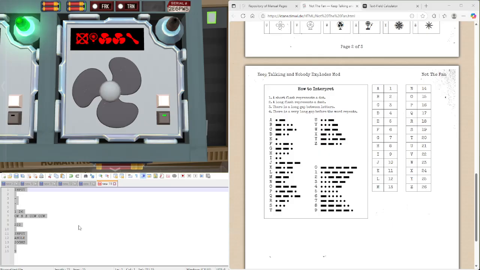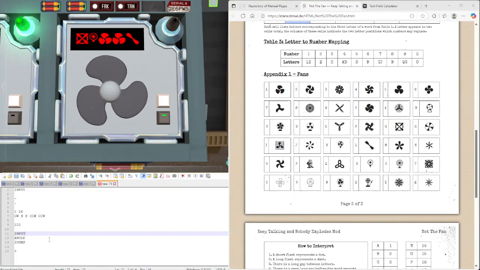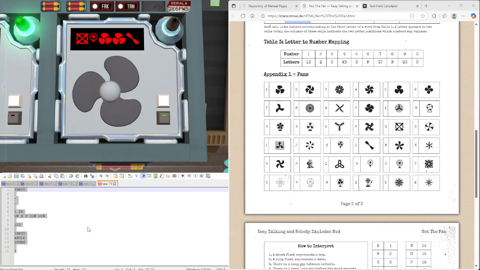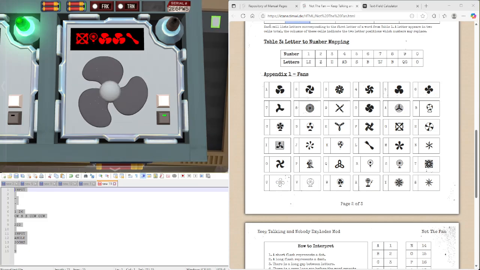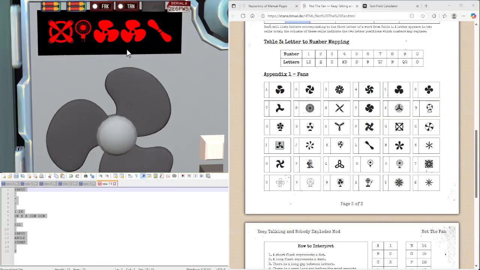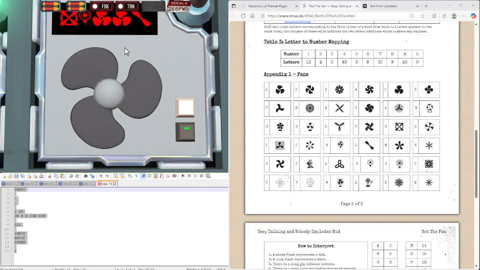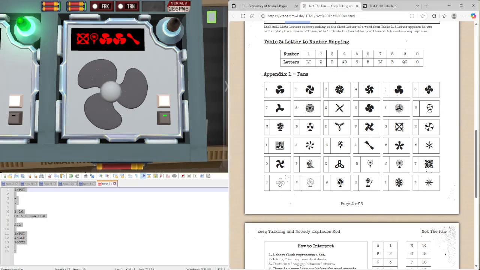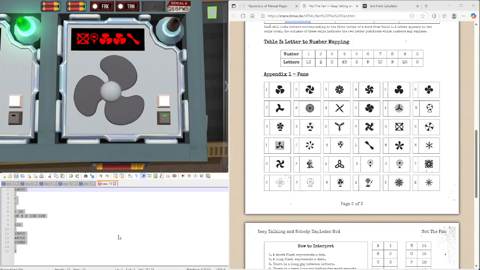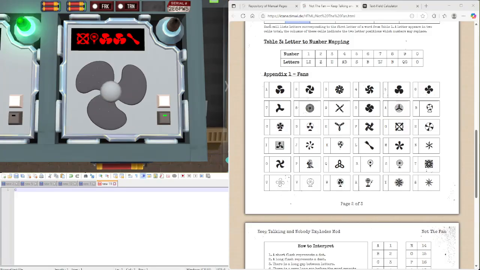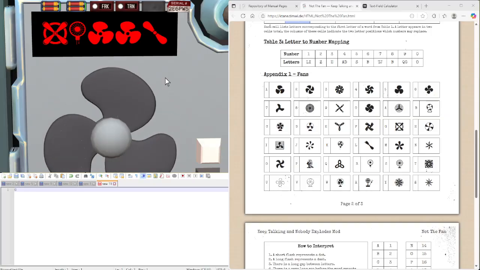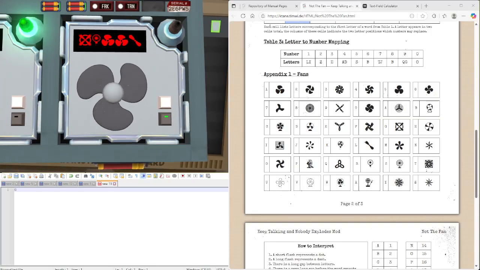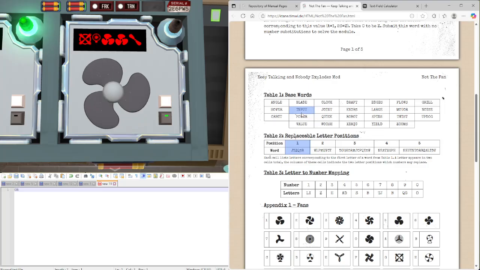So let's translate these again. In this case, the first one here is, I can find it, G. Then we have R. Does that make sense?